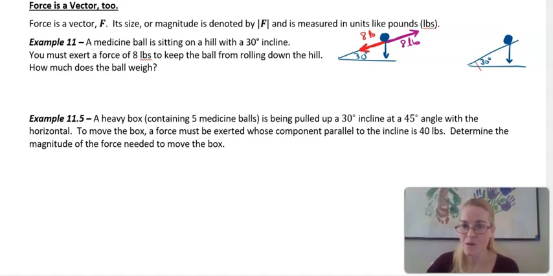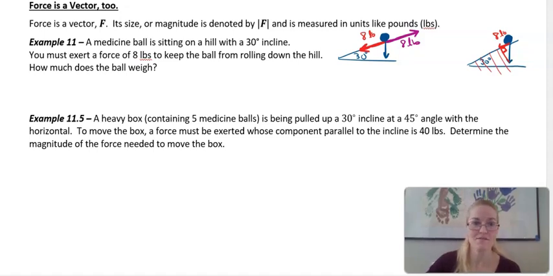If I start drawing things perpendicularly to this hill, like these are all the perpendiculars, right there, there's my perpendicular. So this distance right here, that magnitude right there, that would be the 8 pounds, that short little thing there.